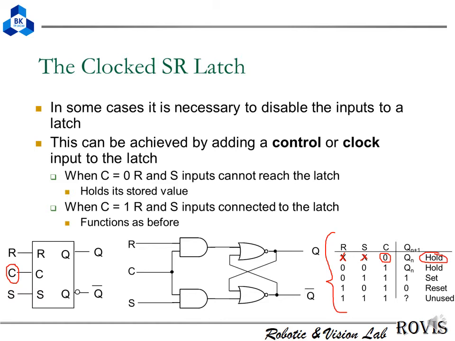So whenever the C gate becomes 1, the SR latch is active again, and it works like the previous SR latch. Normally when you buy a chip outside, you will have something like the control gate here.